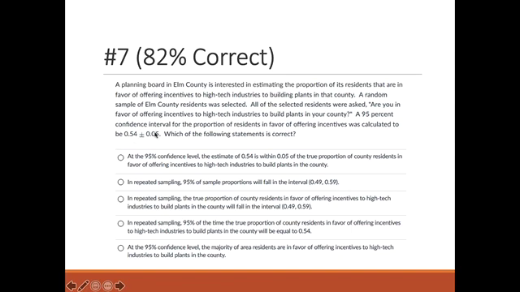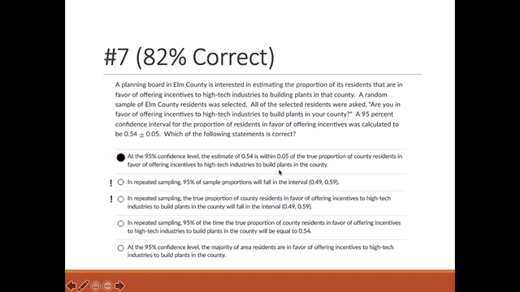The confidence interval goes from 0.49 to 0.59. Now our job is to figure out which statement is correct, and it's this one: at the 95% confidence level, the estimate of 0.54 is within 0.05 of the true proportion of all county residents in favor of offering incentives to high-tech industries to build plants in the county.